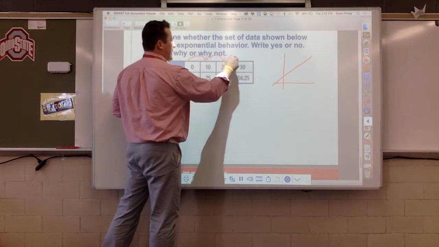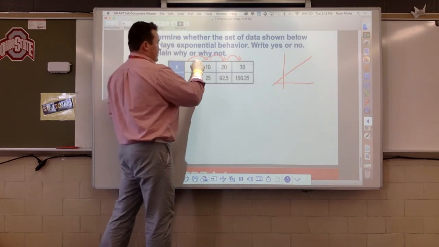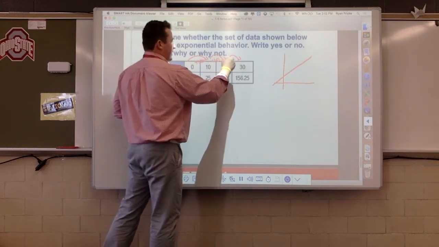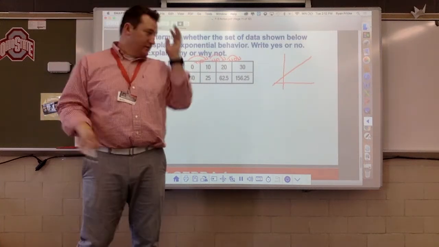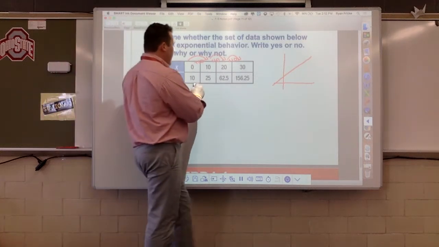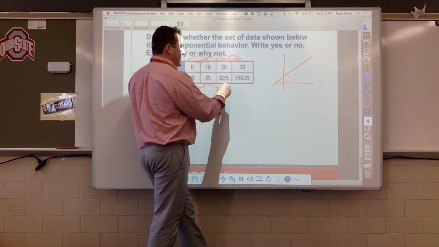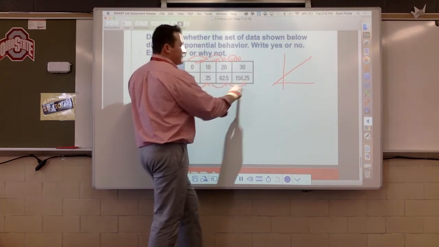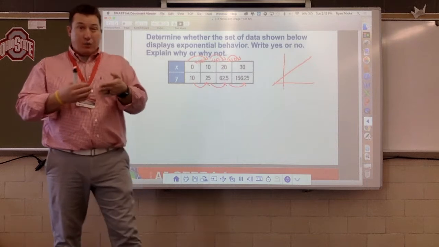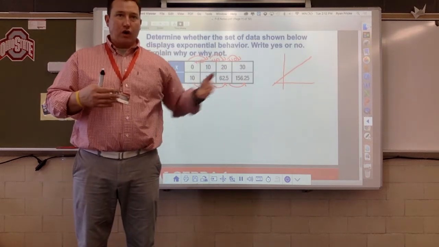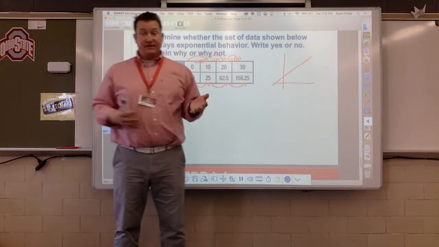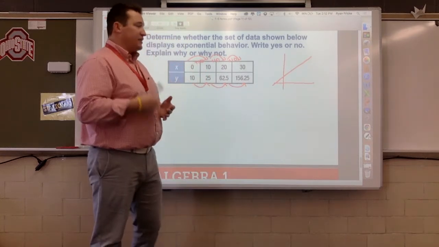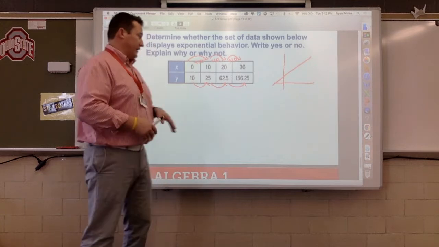How am I getting from one x value to the next? Oh, I'm adding 10. Okay? So that makes me happy because we're adding the same number. Great. Well, if we're exponential, guys, we're not looking for addition or subtraction. Okay? Because think about it, we are exponentially growing. We're growing by a factor, right? Or a percent. So we got to do a little bit of multiplying or dividing, okay?